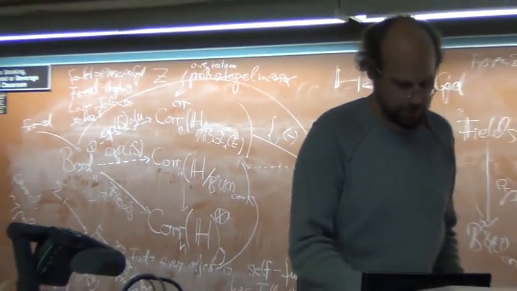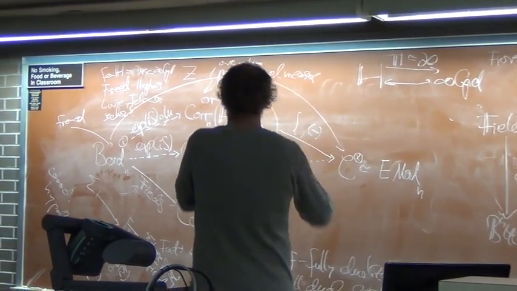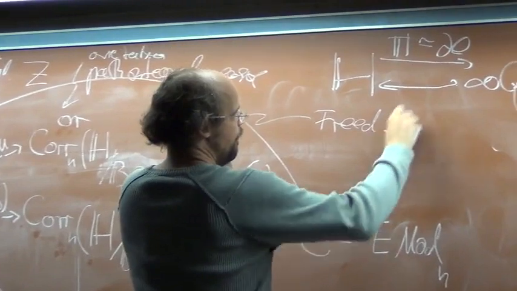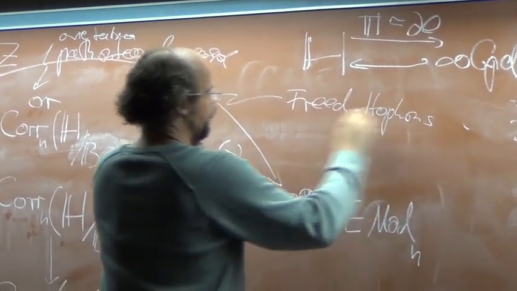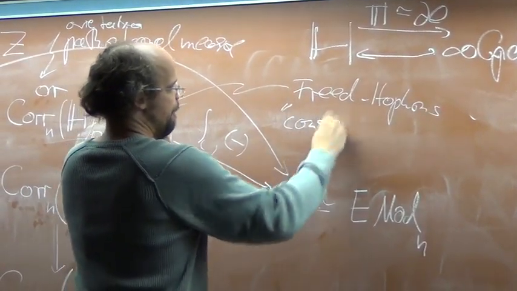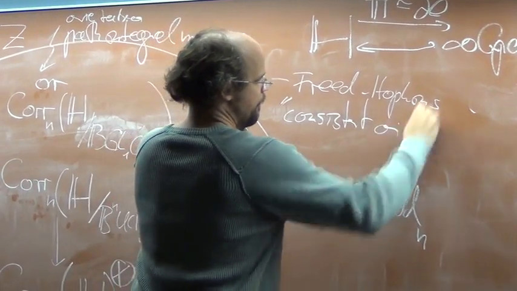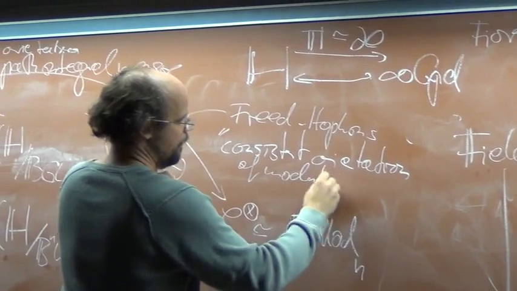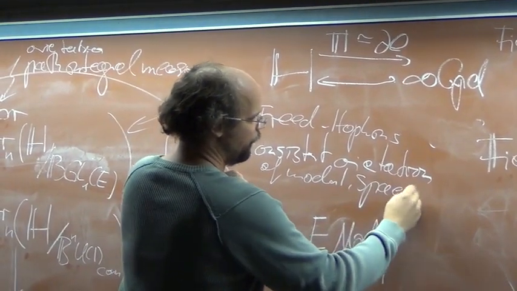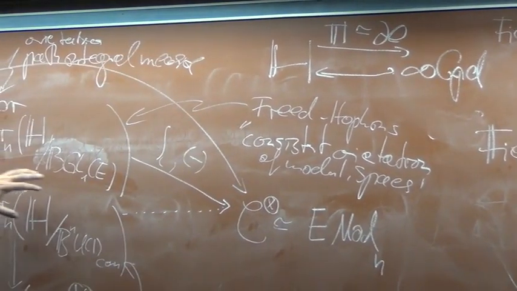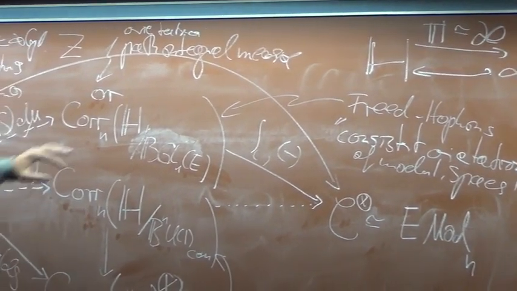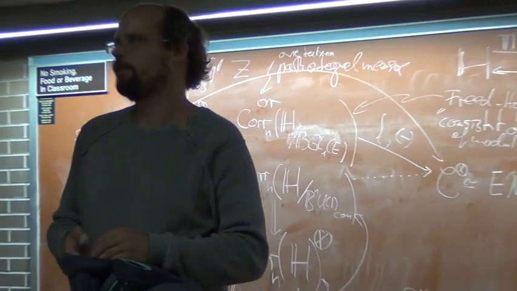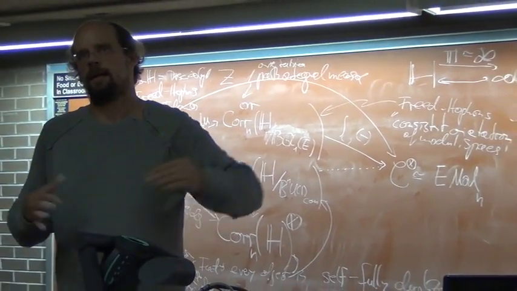Making this a functor is a subtle issue. There's an article by Freed, Hopkins and Teleman called Consistent Orientations of Moduli Spaces, where they claim to have solved this for E being KU and this being a subcategory of correspondences of local quotient differentiable stacks.